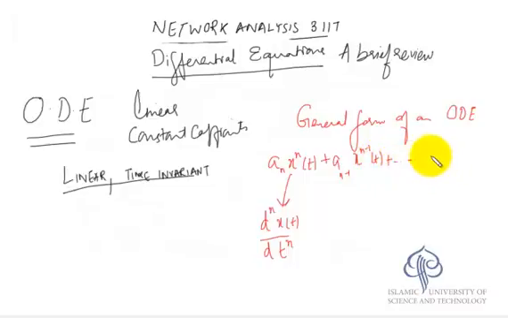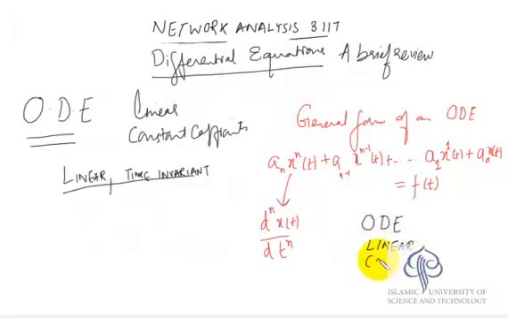It will continue up to the first differential, and then the constant term a0 multiplied by x(t) equal to f(t). So this is the general form of an ordinary differential equation which is linear. So this is an ODE which is linear and which has constant coefficients, because the coefficients a0 to an are constant. These are constants.